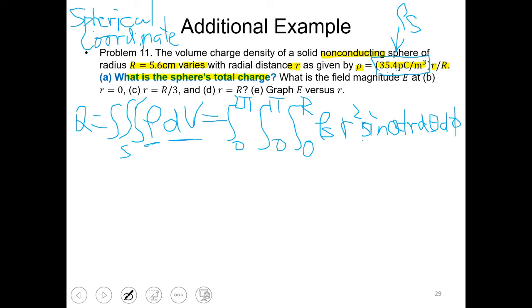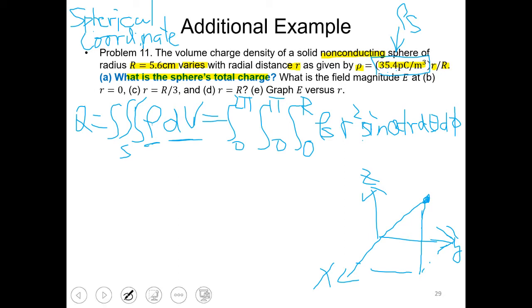So actually, the spherical coordinate will be something like this. Then this is the xy plane. Maybe this one is x, this is y, this is the z direction. So you have the projection on the xy plane, and actually the point to the center will be out.